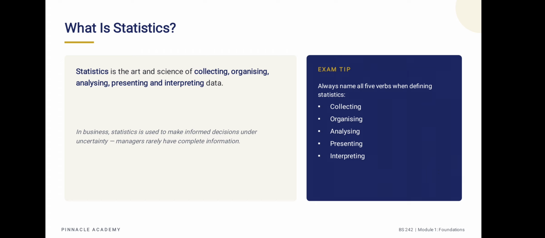The side where you decide what data to collect in the first place, how to present it so people actually understand it, and what the set of numbers is really telling you about the real world. That is the art side. So, a good statistician isn't just someone who can compute a mean. It is someone who can look at a business problem and say, here's the data I need, here's how I'll collect it, and here's what it will be able to tell me once I have it.